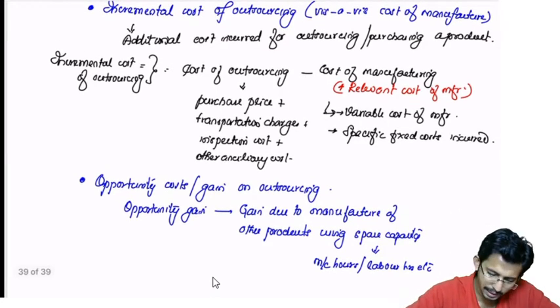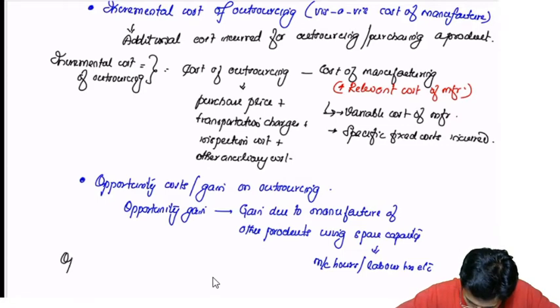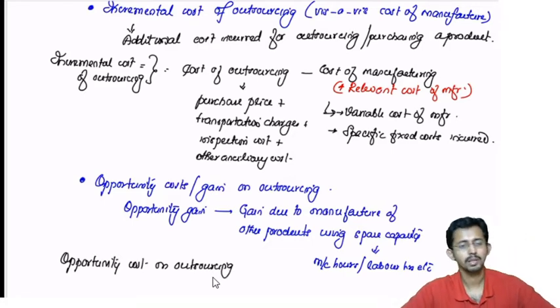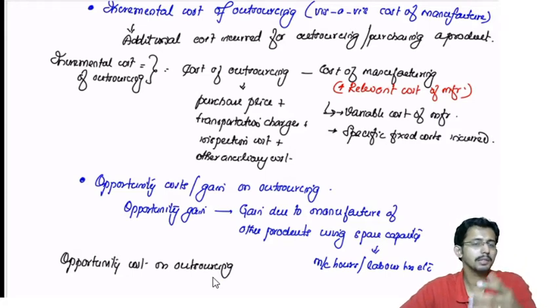Now, there could be certain cases of opportunity cost also. Opportunity cost on outsourcing. What could be the opportunity cost? Suppose you are manufacturing this particular product in-house, then you require to purchase what? The materials for that.